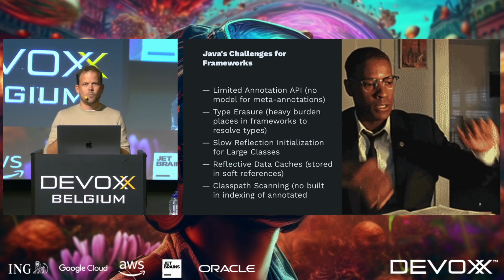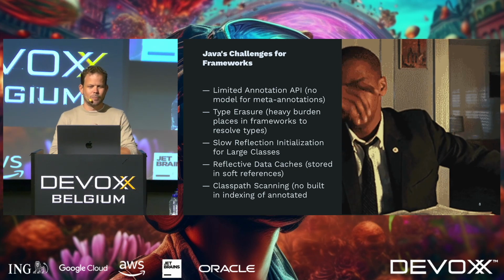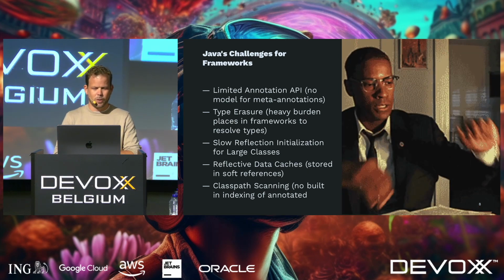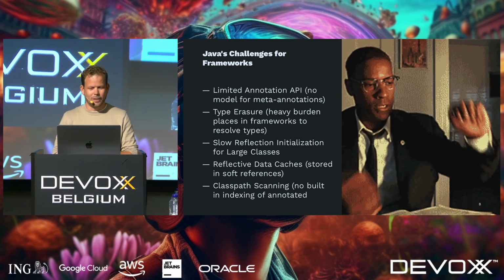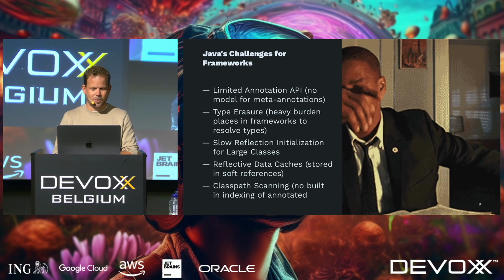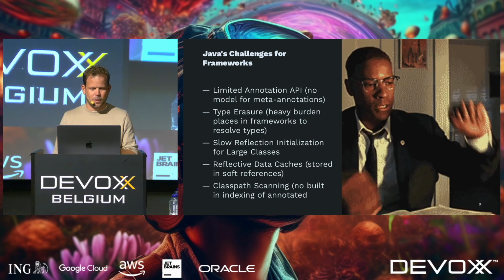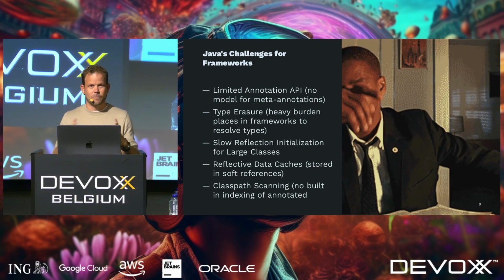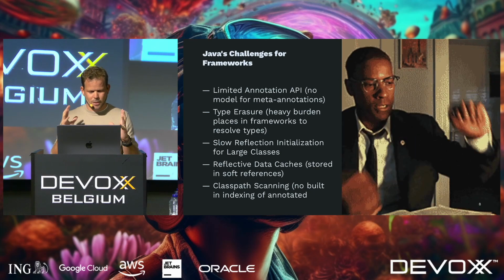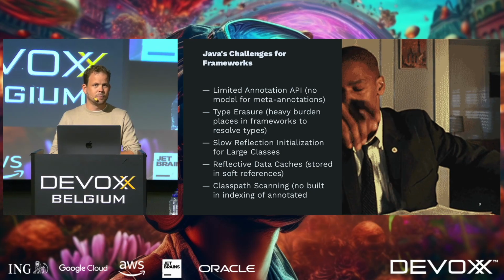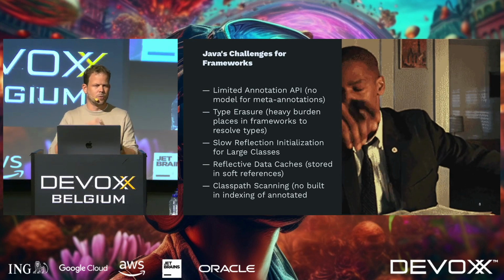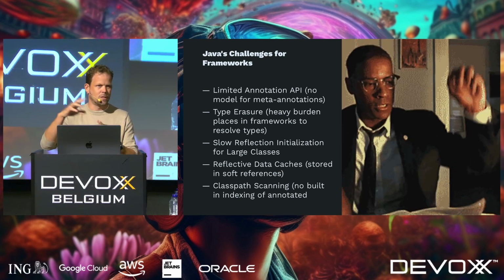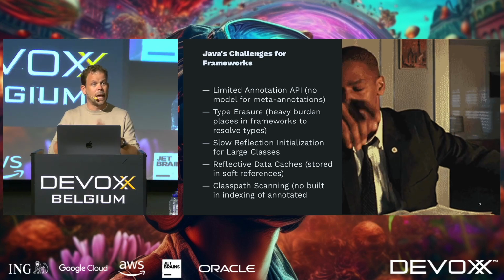So where did this come about? Java has a number of challenges for framework developers like myself, where a heavy burden is placed on the framework to work out how the application functions. There's a limited annotation API that doesn't really model things like meta annotations, so you have an annotation on an annotation, or you need to scan for annotations.